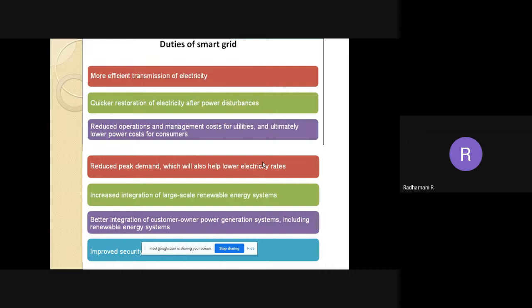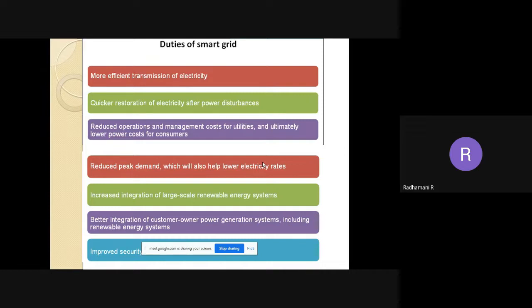That is one of the duties of our smart grid. Also reduced operating and management cost. It should reduce the operation and management cost for utilities, and ultimately give low power cost for the consumers. So from the cost point of view, it will help to reduce the cost.